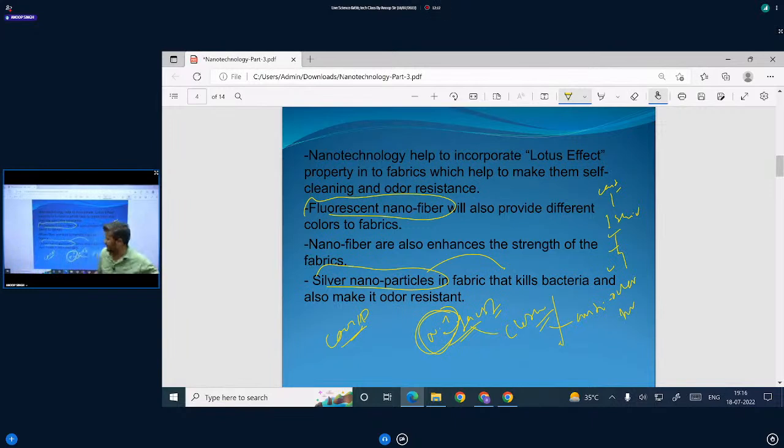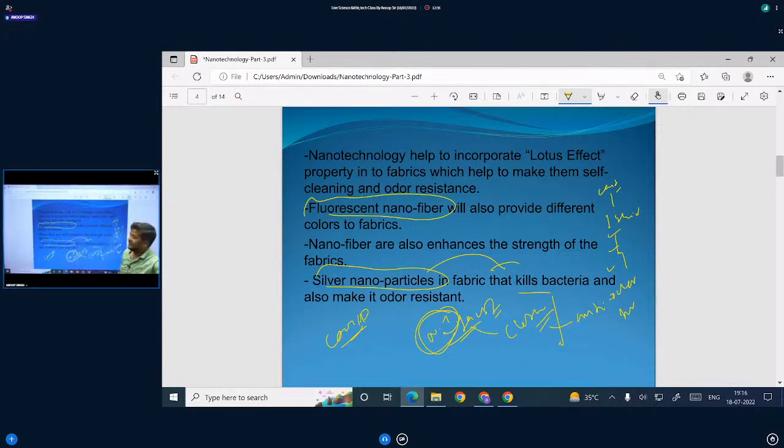So if you are wearing these nanotechnology fiber clothes, then they automatically kill these viruses and bacteria and protect you from the harmful effects.